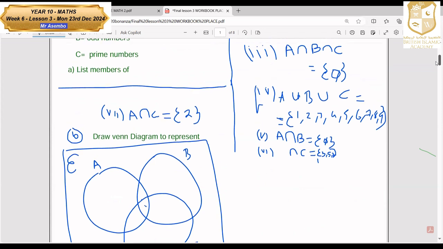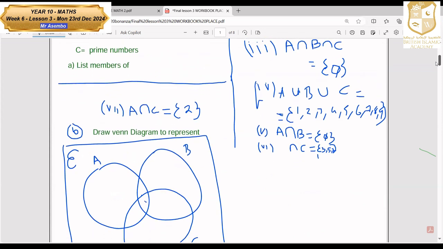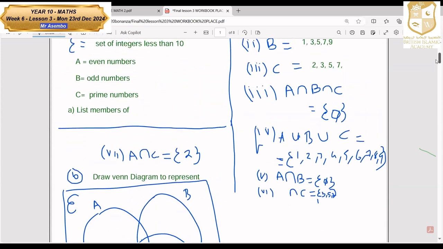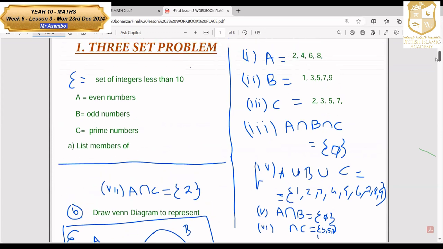Now, let's check, Johara, which members are in A and in B from this element of A and B. Do we have a member which appears both in A and B? No. So remember to enclose them always. That's the mistake we have done here.